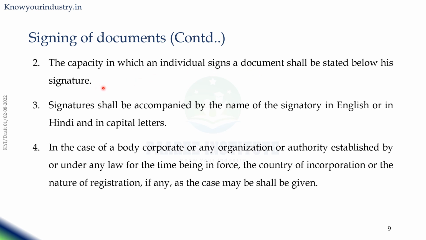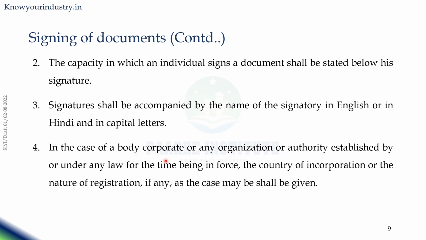The designation of a person who is going to sign the application should be noted in the application. Signatures shall be accompanied by the name of the signatory in English or in Hindi or in capital letters.